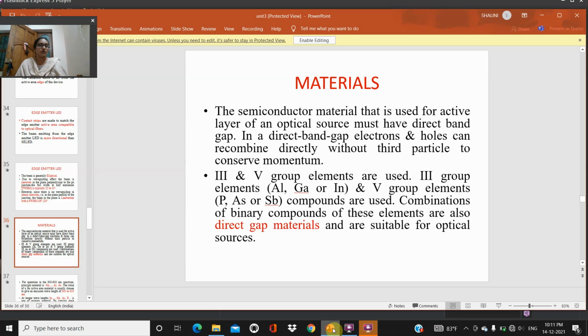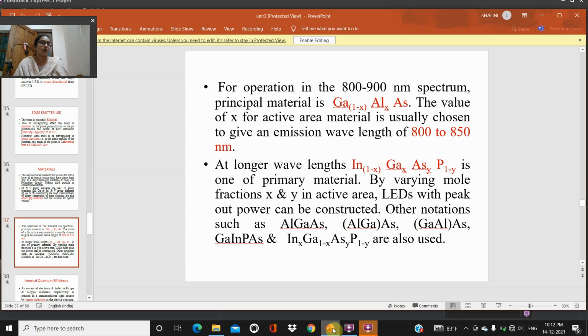Combinations of binary compounds of these elements are also direct band gap materials and are suitable for optical sources. For operation in the 800 to 900 nanometer spectrum, the principal material is Ga(1-x)Al(x)As.